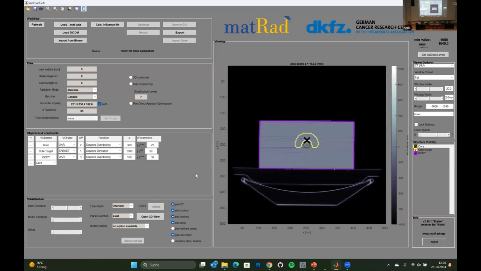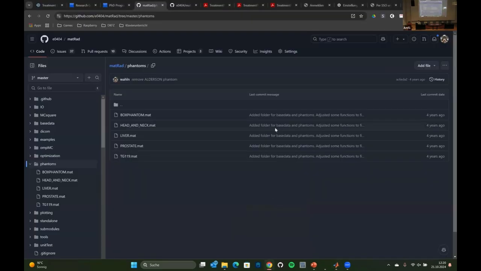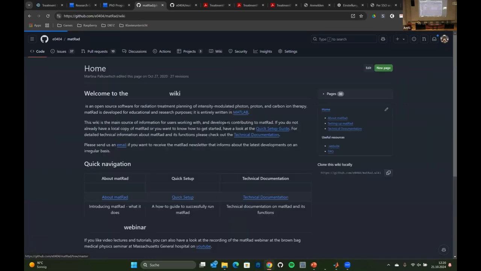But in principle, you can rotate the gantry around the patient, or you can rotate the couch on which the patient lies. For the people interested, I can show you a bit how this looks like in matRad.